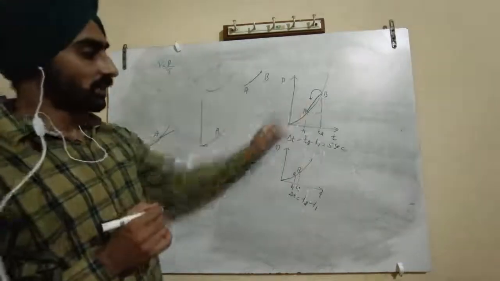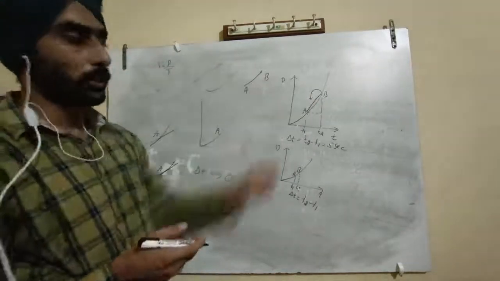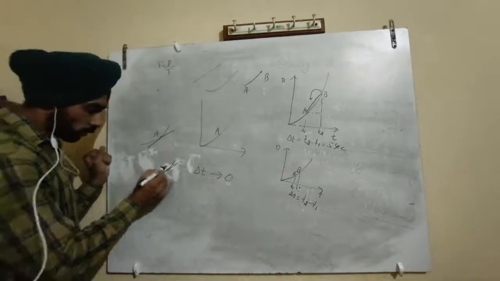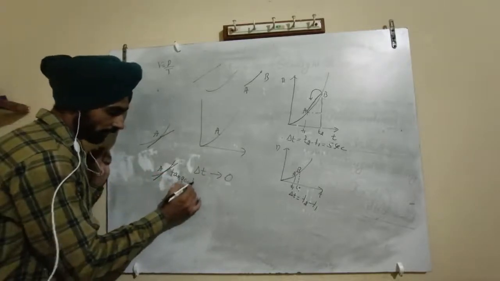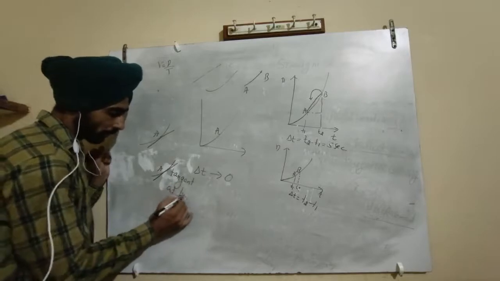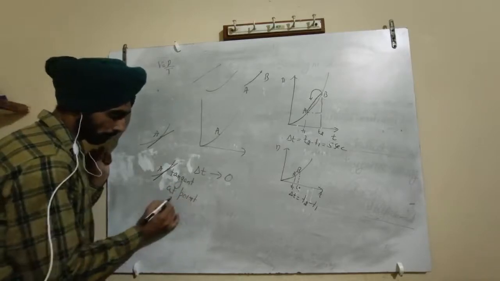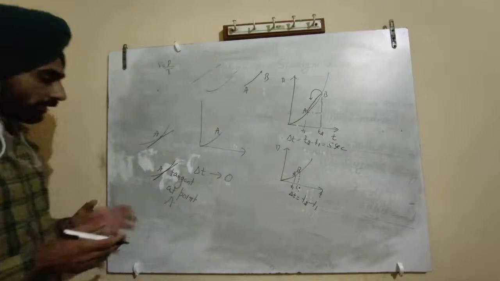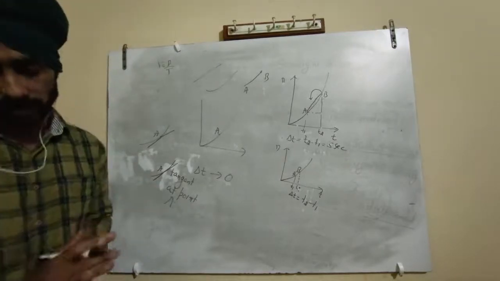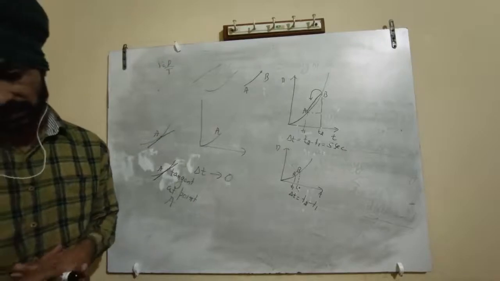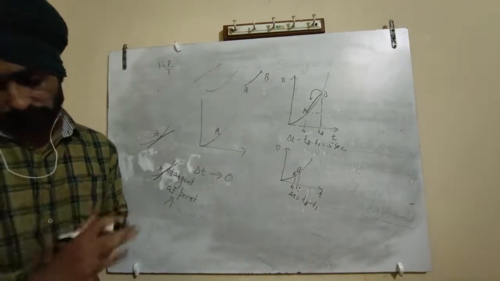Earlier the slope was giving you average velocity. Now the tangent at point A, what information will it provide? It will give you the instantaneous velocity.